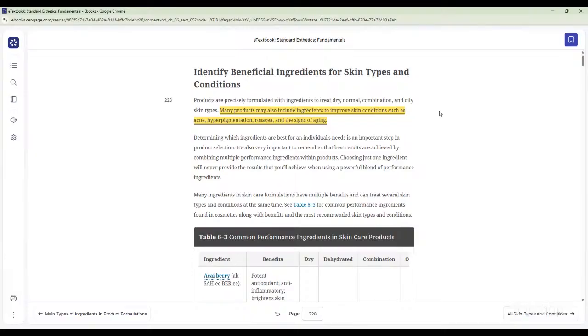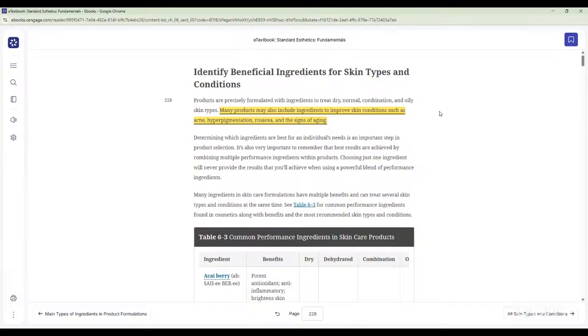If you can build treatment plans for them, remember, we don't diagnose and we can't prescribe any kind of medications, but we can build treatment plans and we can work with their physicians. Acne, hyperpigmentation, rosacea, and signs of aging are your top 4 issues that people have going on with their skin. And so I beg you to become a solutionist.